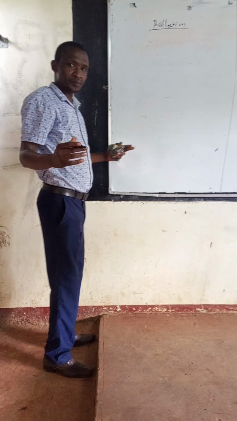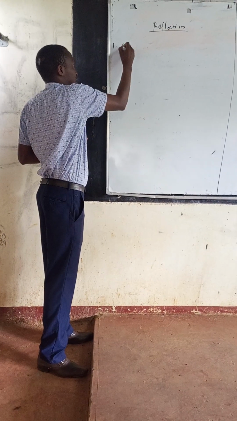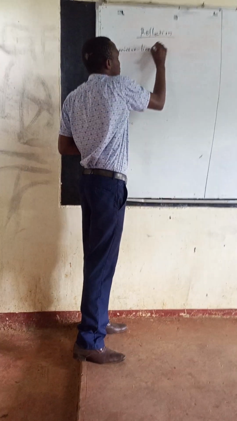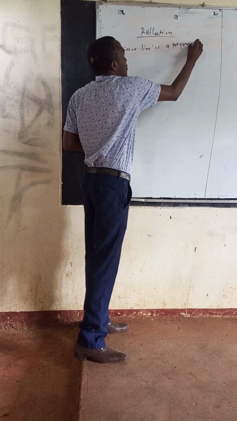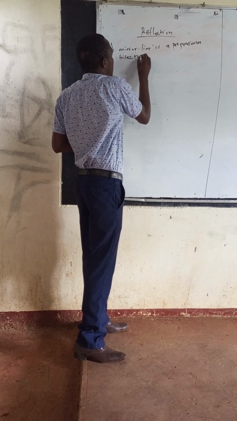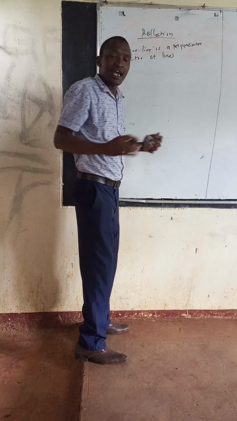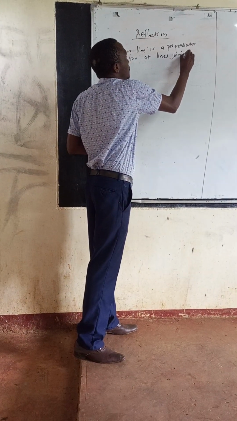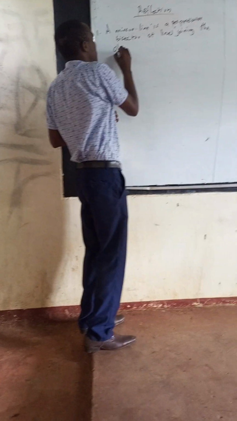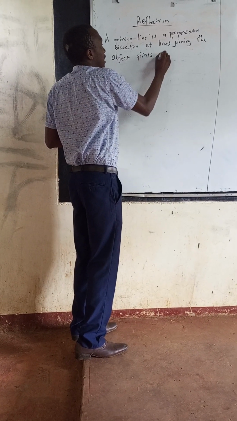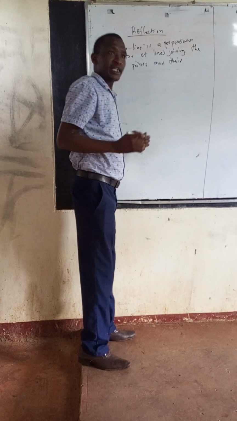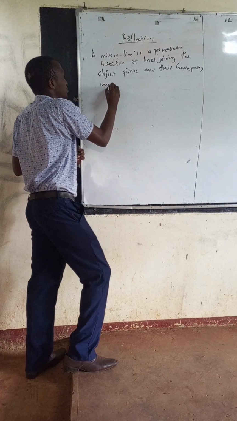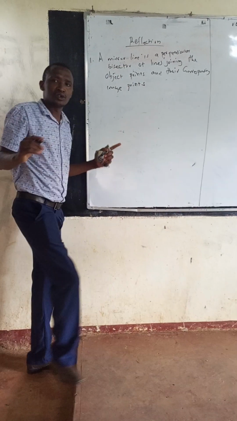First, you need to know that a mirror line is a perpendicular bisector of lines joining the object points and their corresponding image points. That's the first thing you need to know under this topic of reflection.